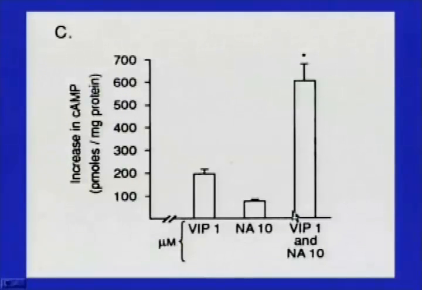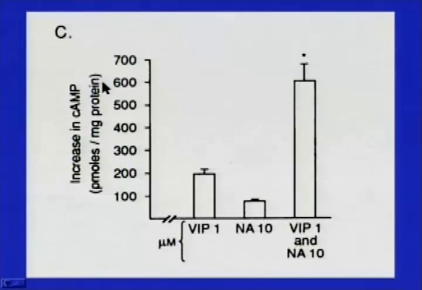Panel C is showing us graphically the increase in cyclic AMP on the y-axis from 100 to 700 in units of picomoles per milligram of protein. So the tissue is harvested after the treatments, in vitro, most likely. I was going to say as we saw in panels A and B, however that's highly illustrative only.